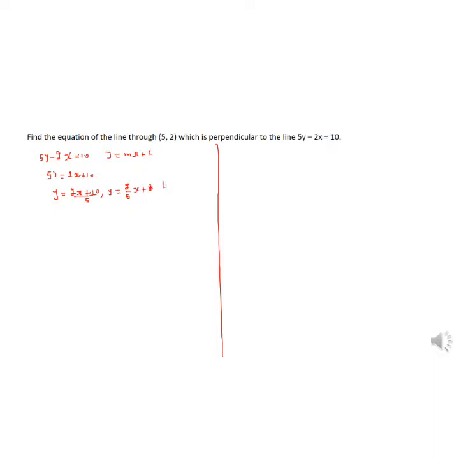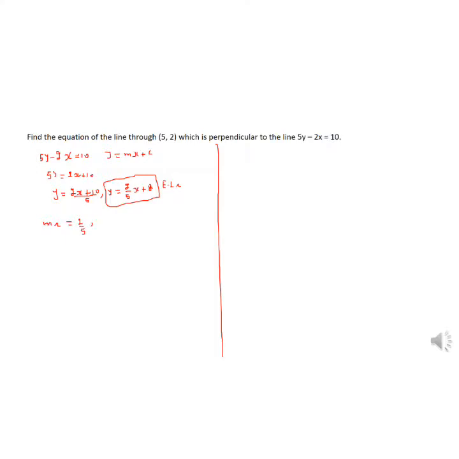This is the equation of line 1. Since this is the equation of line 1, m1, the gradient, is equal to 2/5.